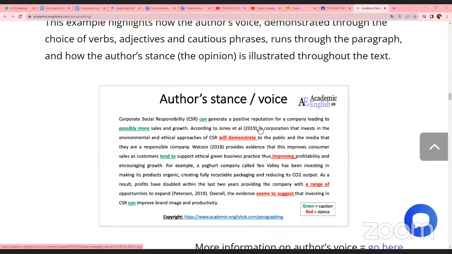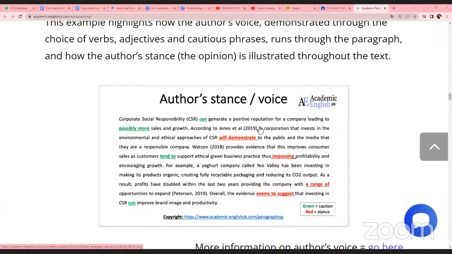Okay, so: tend to support, thus improving. As you've seen, there is no inclusion of the author. He's not including himself or herself in the paragraph, unless you are going to develop an argumentative essay.